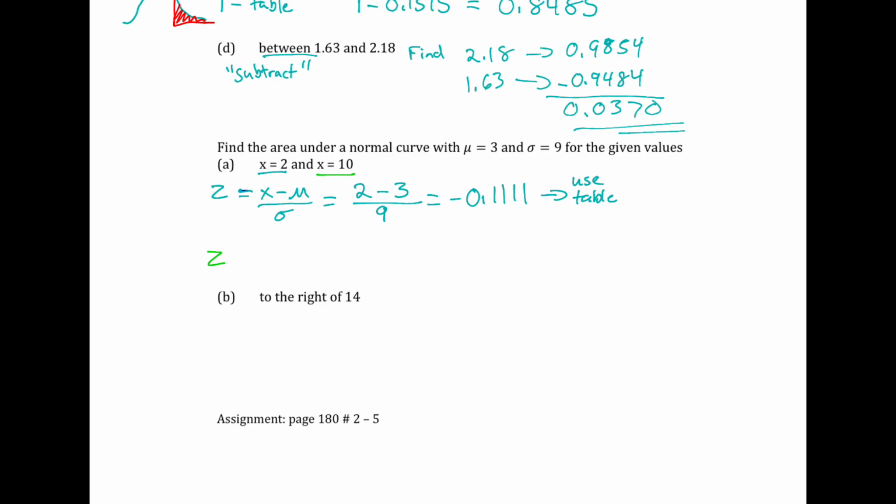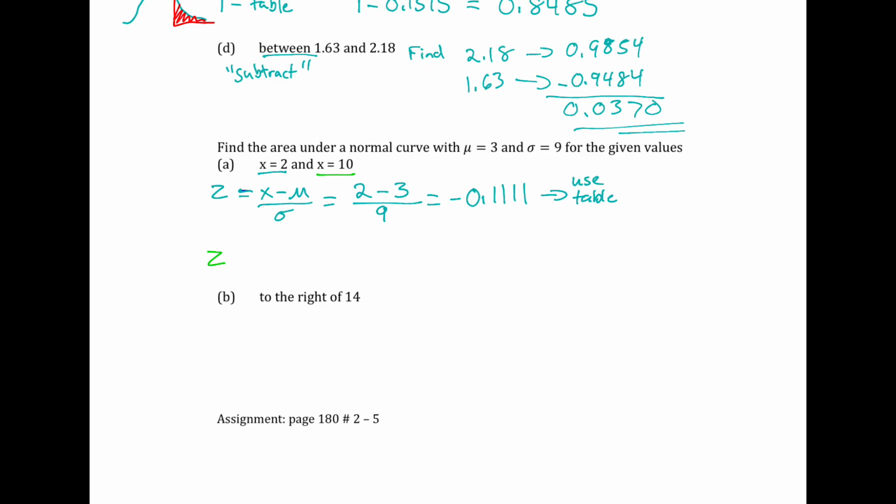So now that we have our z-score, we can now use the table like we were doing before. We just have one extra step to get to the z-scores. So now we're going to use it like I gave you the numbers up here. So just find that on the table, minus 0.11 there. Yeah, we're negative, right? Yeah, negative.